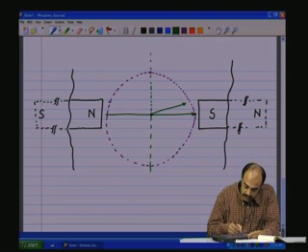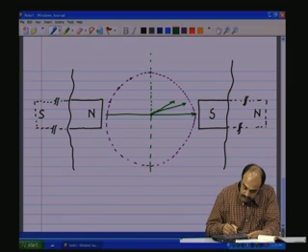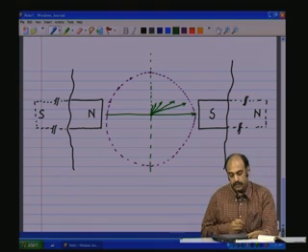And then if we take a point somewhere here, the field will be still further reduced, and still further if we take a point somewhere here, the field is positive still, but further reduced, and so on till it becomes 0 at this point.